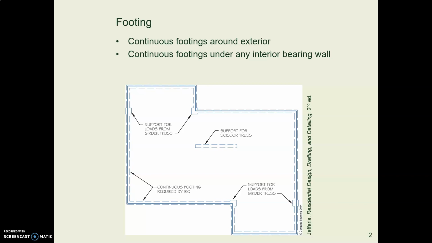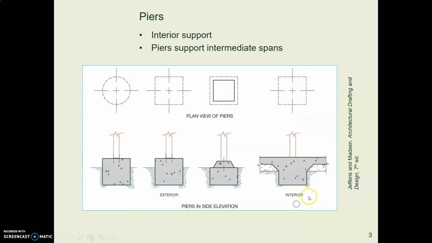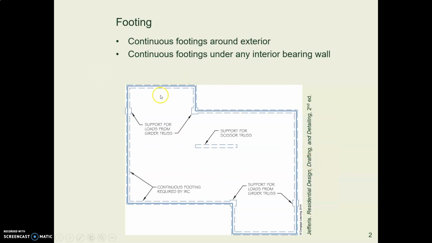So first of all, when you draw a foundation plan, you're looking down in plan view, and you're going to see the footing all the way around the house. And you'll have a continuous footing, that wider chunk of concrete all the way around the wall.